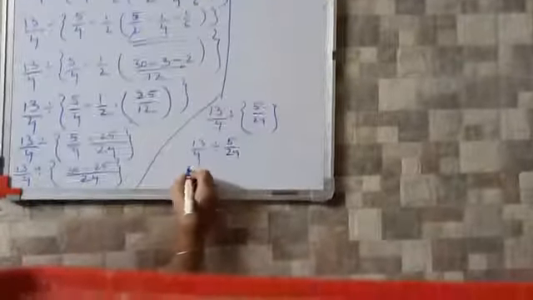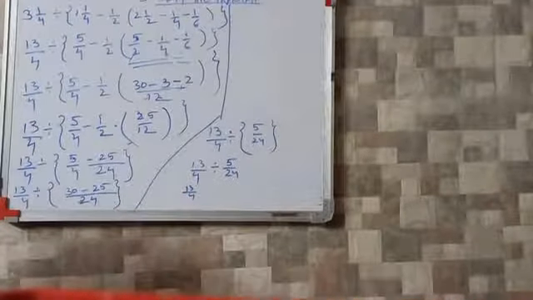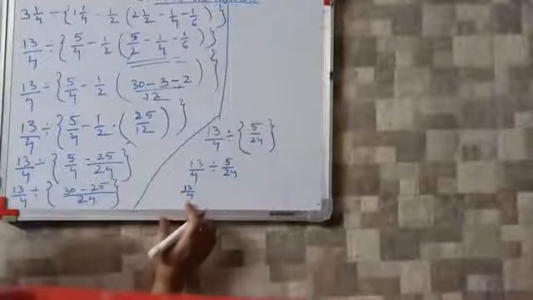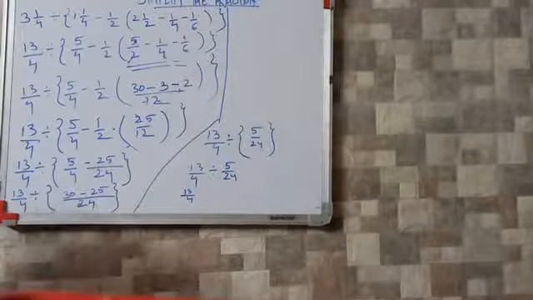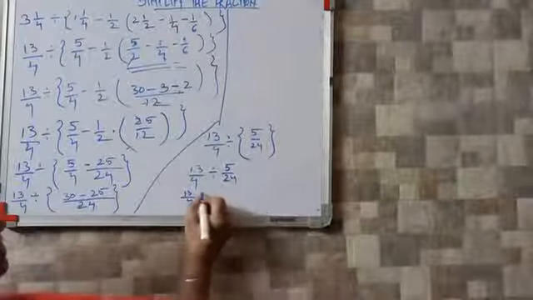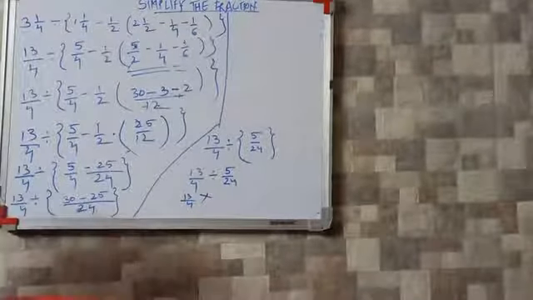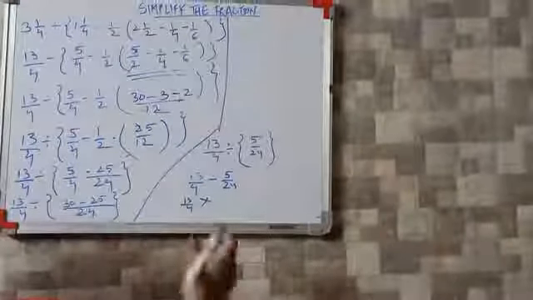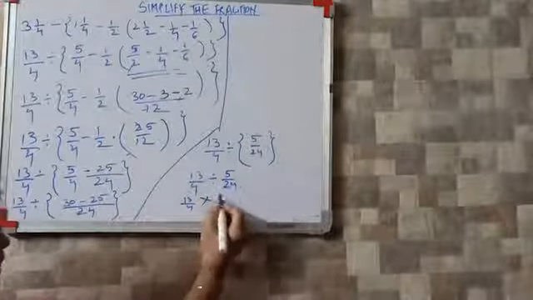Now 13 upon 4. How will you divide two fractions? That you know, the first fraction is known as the dividend, that we will write as it is. This division will turn into multiplication, and 5 upon 24 is known as the divisor. We will write the reciprocal of 5 upon 24.